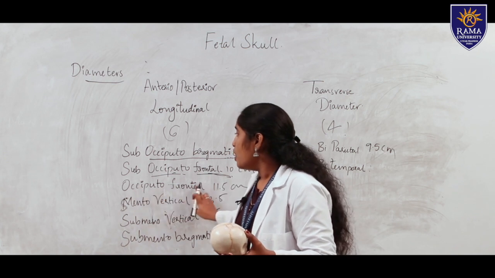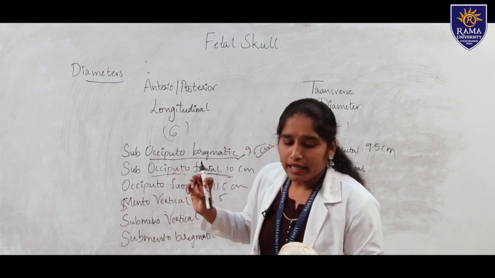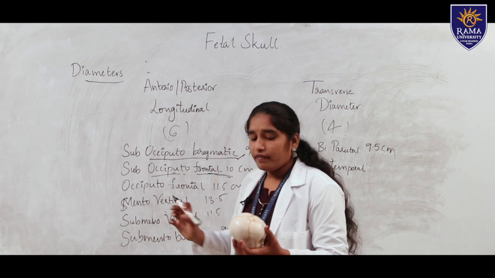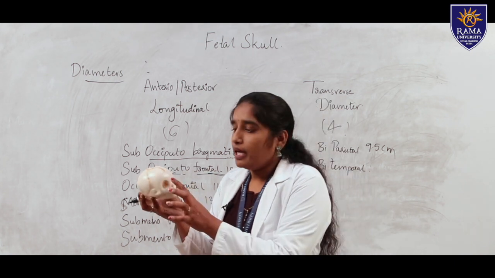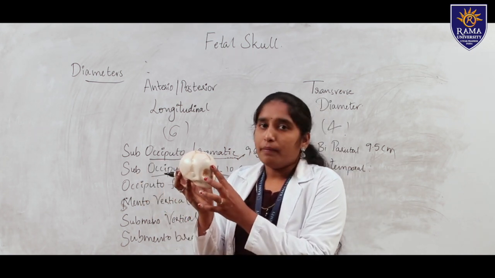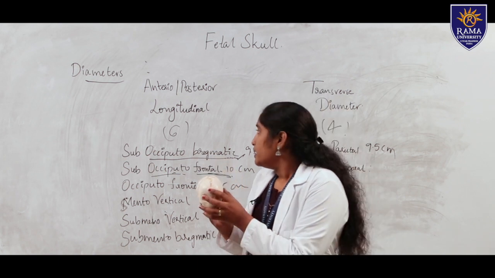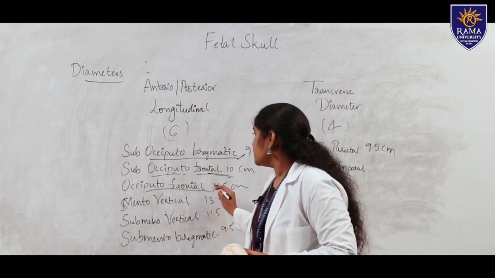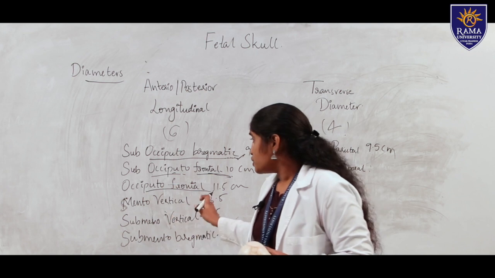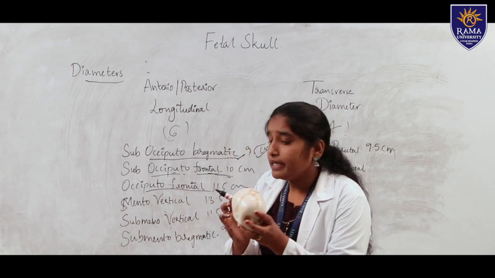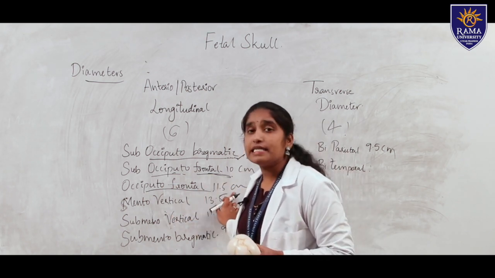Next one is the occipito-frontal. The distance between the occiput and the center of the glabella is called occipito-frontal. It measures about 11.5 centimeters.